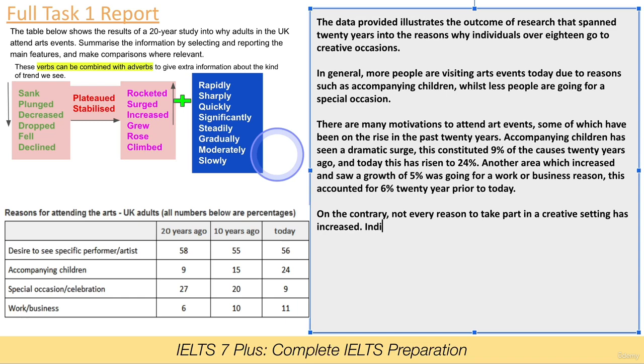Individuals going to take part in a special occasion or celebration. That's what that dash means. Is the most striking drop.